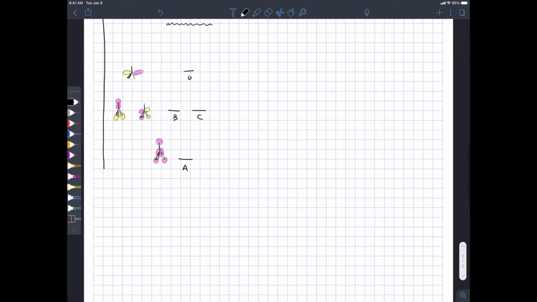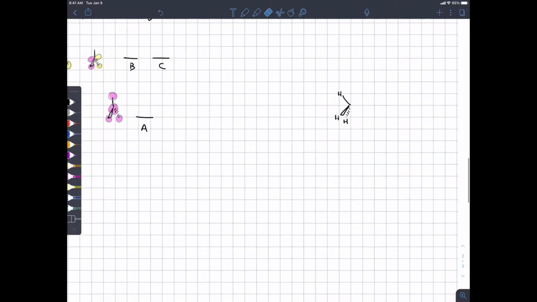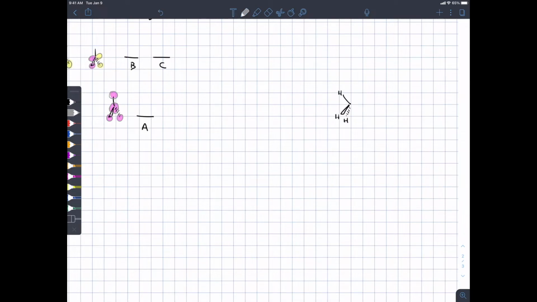Okay, so all we got to do is now draw a representation for a CH3 that's sort of pyramidal. Remember, this is just a CH3 group, so we're not even thinking about whether there would be a bond there. We're just saying let's pull those hydrogens to the left. And let's see what that would do.